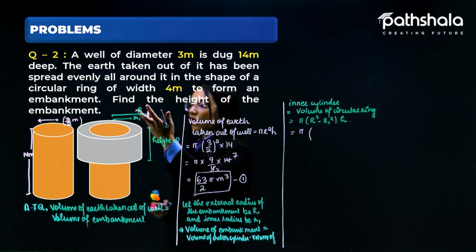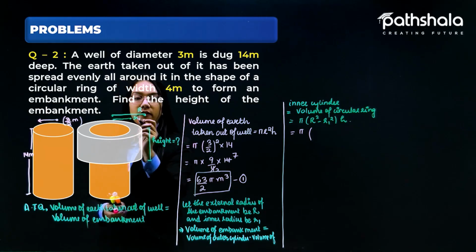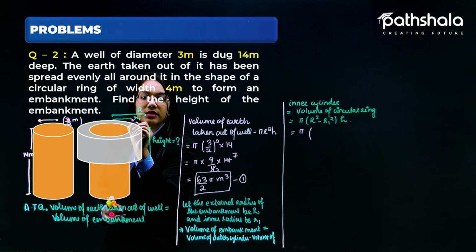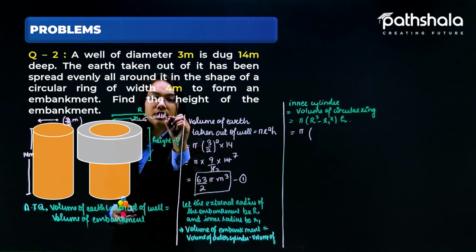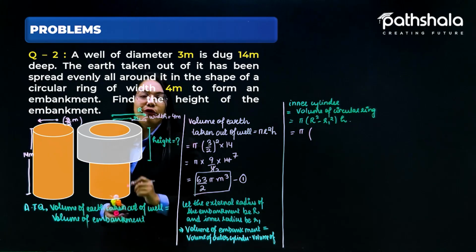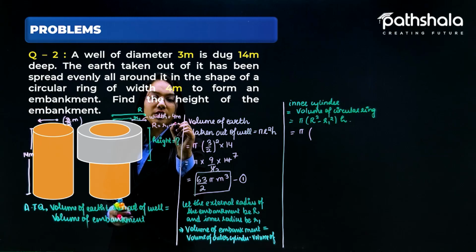This capital R is equal to R1 plus this particular distance, and this distance is the width, which is given to us as 4 meters. So capital R is equal to R1 plus 4.